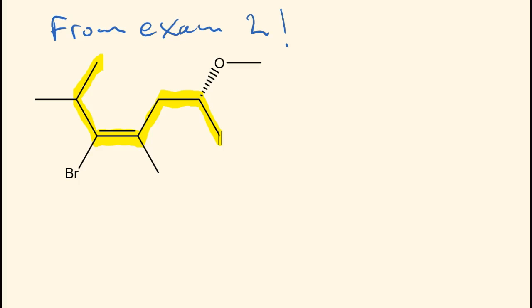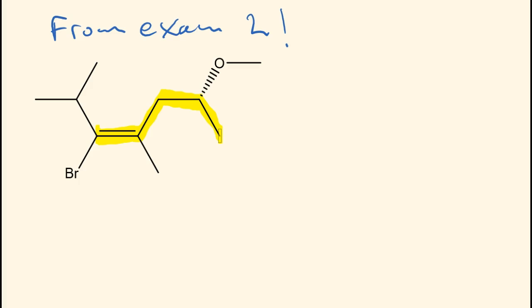Now, a mistake that a lot of you made on the exam was, instead of starting at the very end, you began at the double bond, like this, right? And what you did was you ended up truncating your carbon-carbon chain.